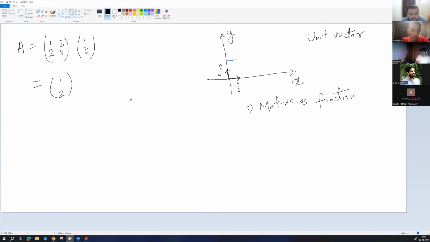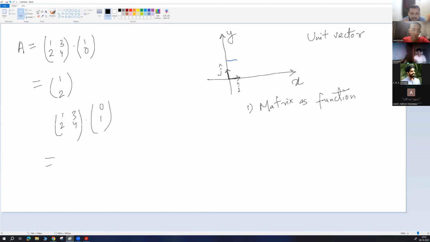If we take another vector on the y-axis, 0, 1, we are going to get 3, 4 as output. So if we give it an input of the unit vector 0, 1, we get an output of 3, 4, a vector of 3, 4.